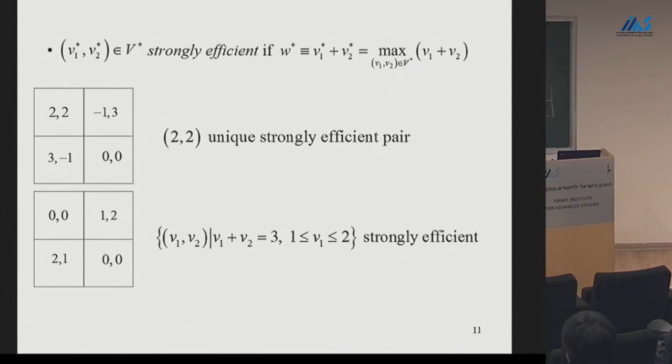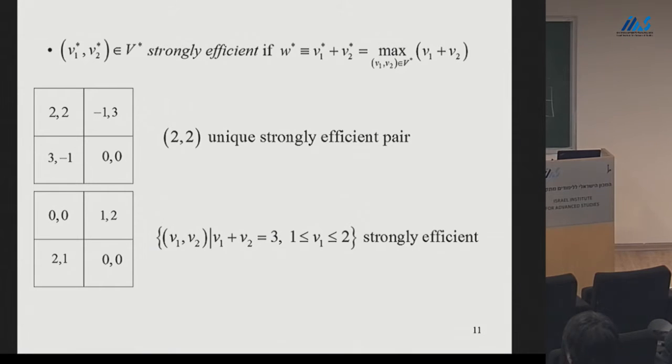Here are two examples of games that you're familiar with. This is the prisoner's dilemma. The prisoner's dilemma has a unique, strongly efficient point, 2-2. But this is the battle of the sexes.